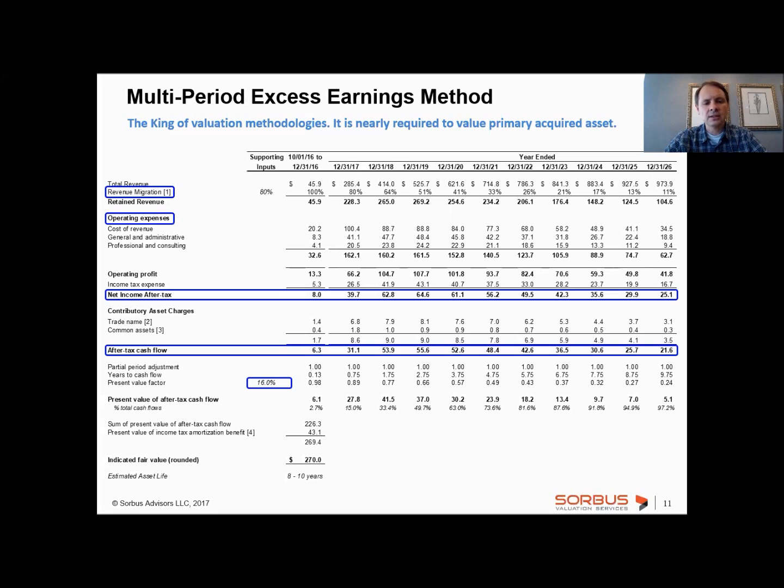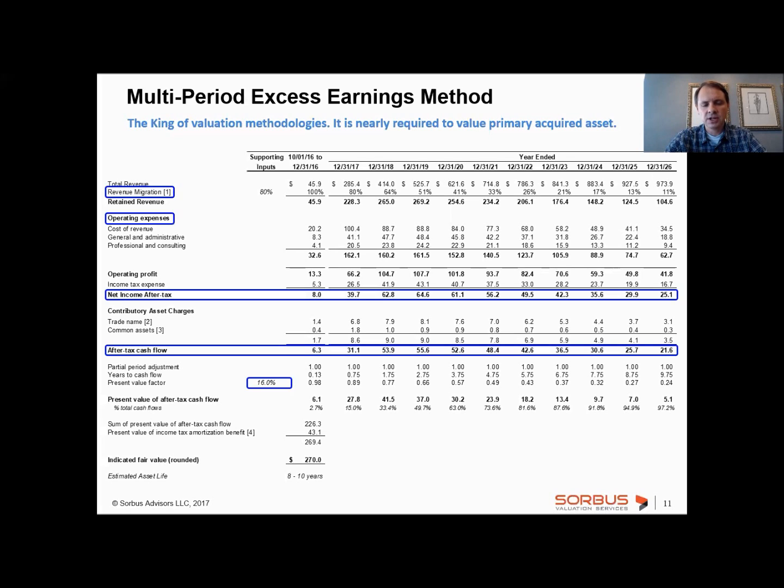Now, in addition to that, there is one more adjustment that we have to make, and it's the subtraction of contributory asset charges. In this case, we're looking at the contributory assets that are trade names. And when we say common assets, those are typically a trio of net working capital, fixed assets, and workforce. Those four contributory assets participate and help this, say, customer relationship asset to be monetized.